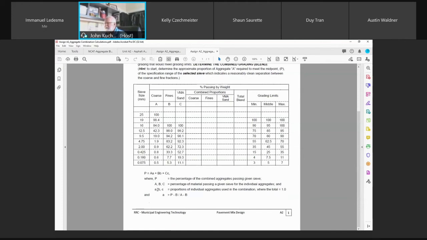We know that a plus b plus c has to total 1. If we do substitutions, we can determine that a, the percent of A material, in this case the coarse, is equal to the percent passing that sieve minus the B material minus the A. Okay? Everybody follow so far? Okay.